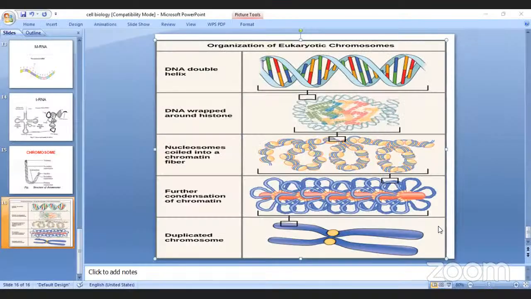Just wait. Return to the meeting, screen share. Right. Now, yes, sir, it is visible. Right.